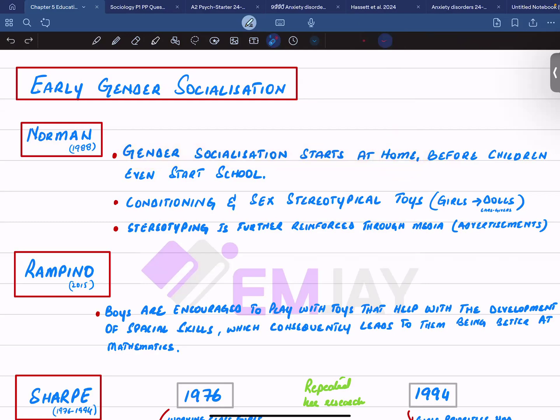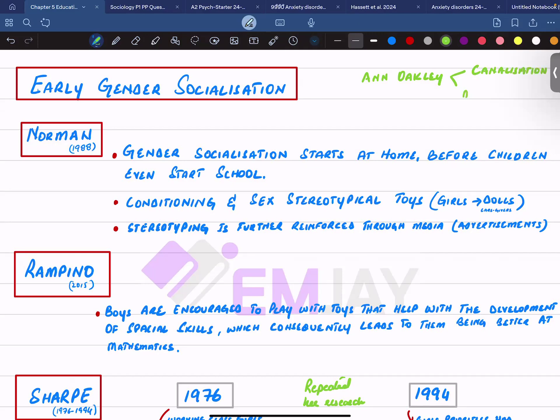According to Fiona Norman, parents try conditioning, or if I may use the reference of Anne Oakley, the popular feminist, when she came up with her concept of canalization and manipulation. You might as well Google this: canalization and manipulation.